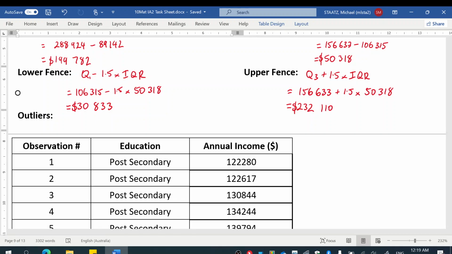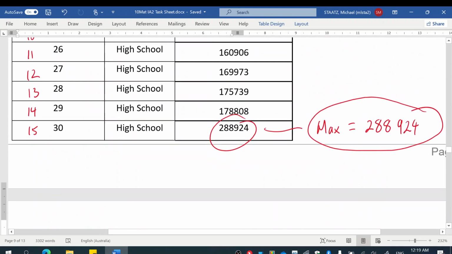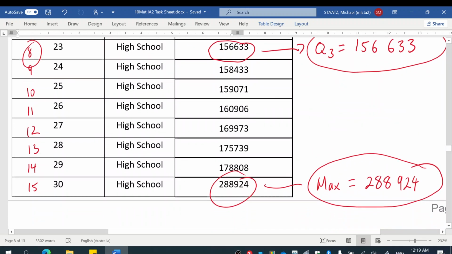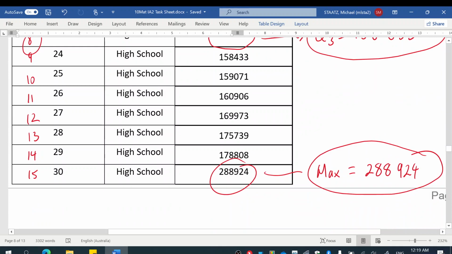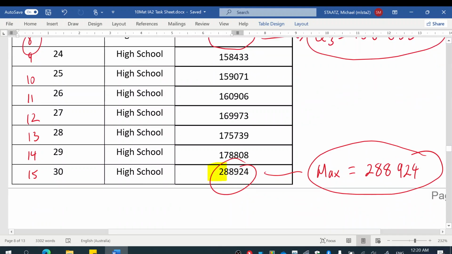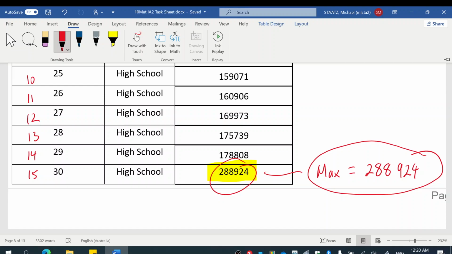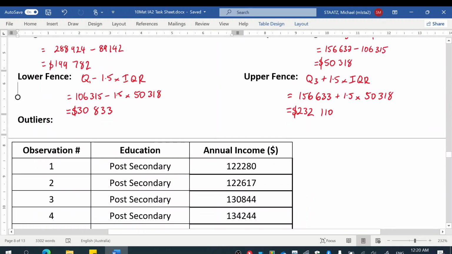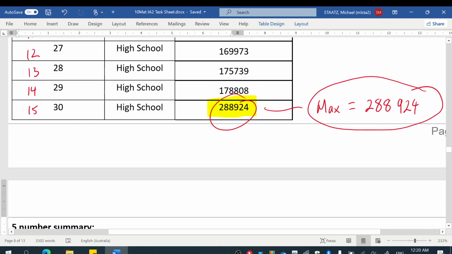Let's check the upper end. Okay, so my upper fence is 232,110. Let's go and have a look. I have a value of 288,924. So that one is bigger than my upper fence value of 232,000, which makes it an outlier.